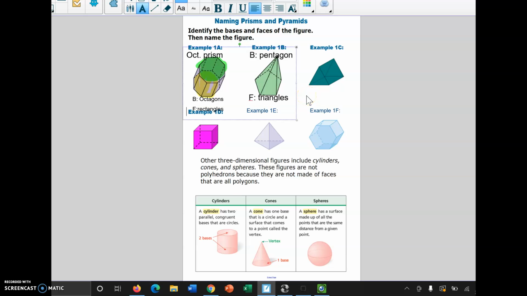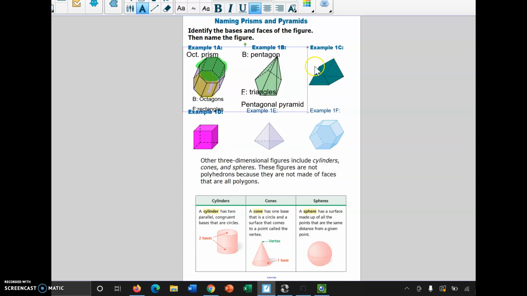Okay, so I'll name it here, pentagonal pyramid.